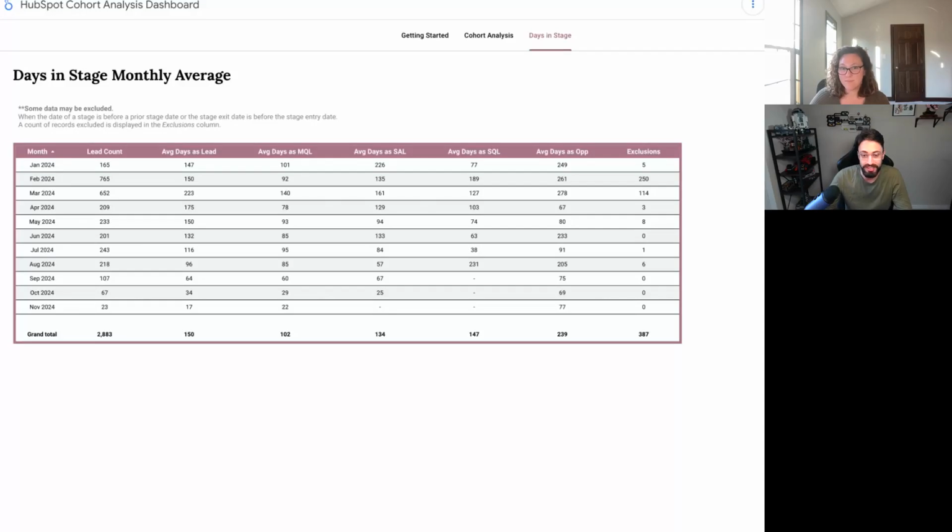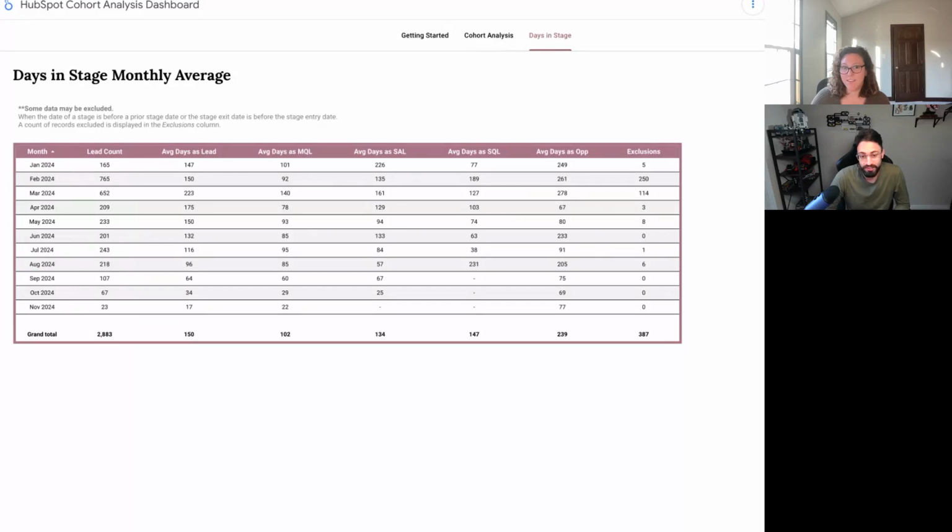Because for example, just looking at the example data that we have put into play, you have an average days for your MQL. If you're looking at a delta of 147 for January, and you're bringing in 100, you have 101 days that is average in that stage.